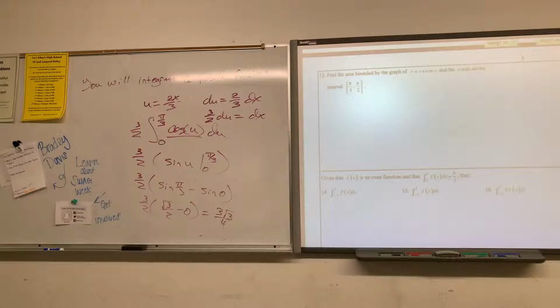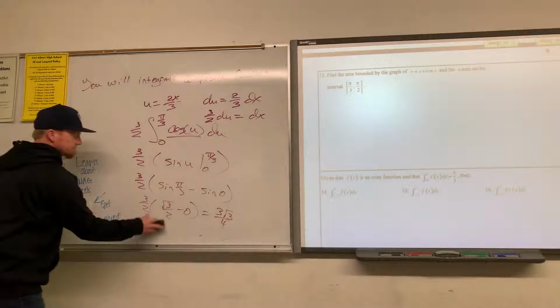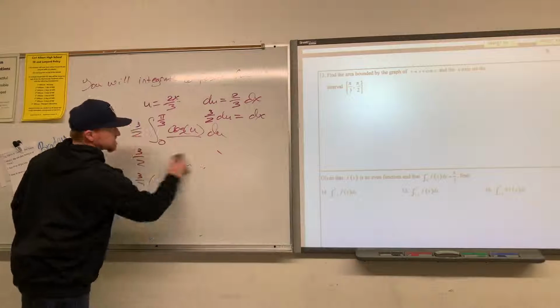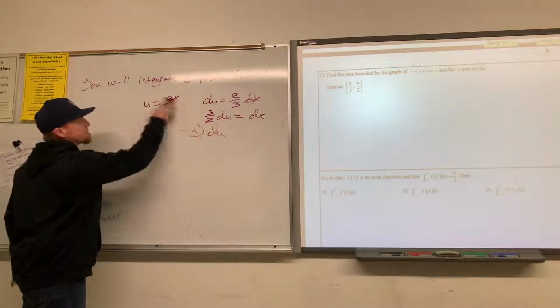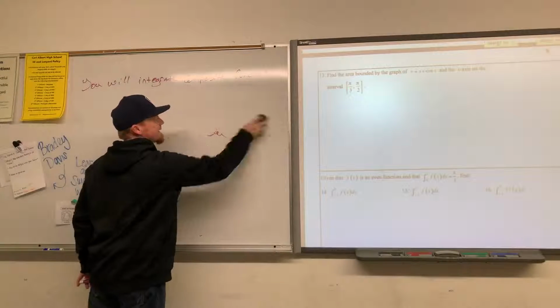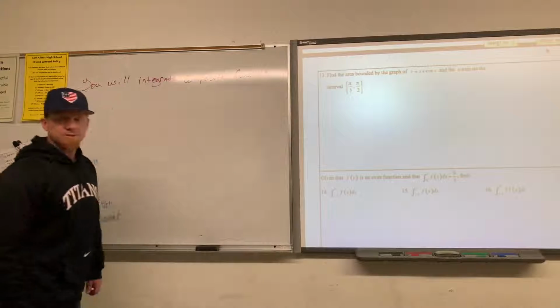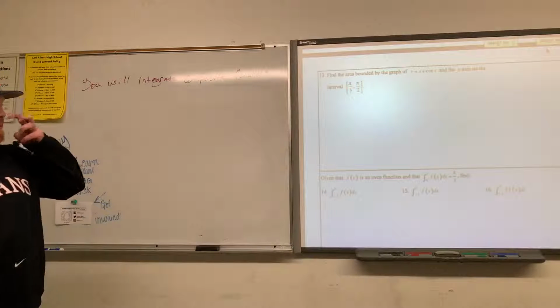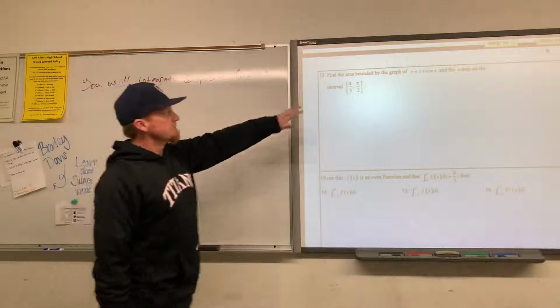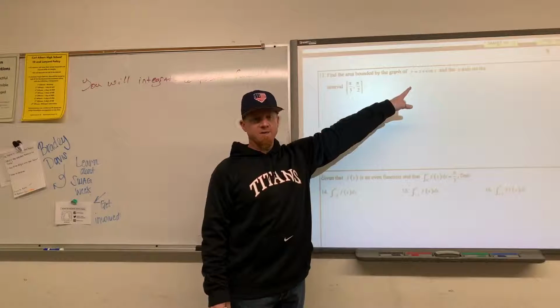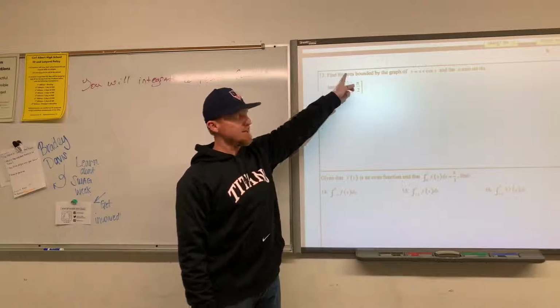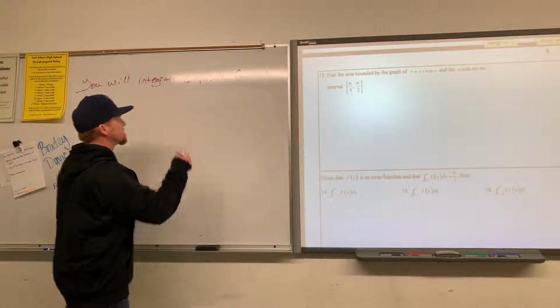All right, 13. I really don't know why 13 is on this worksheet packet, because 13 does not involve a composite function, but we'll go ahead and work it. So we want to find the area bounded by that and the graph. So again, we know that area means definite integral.